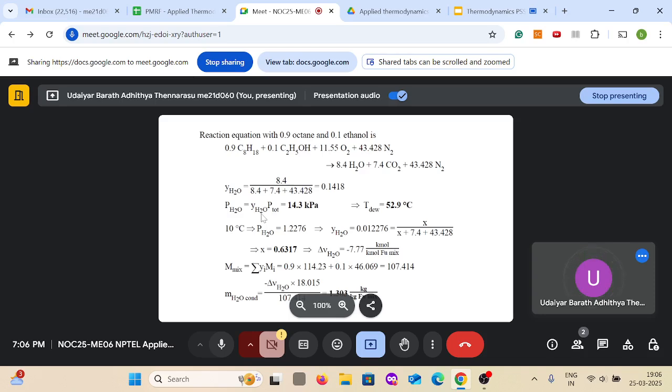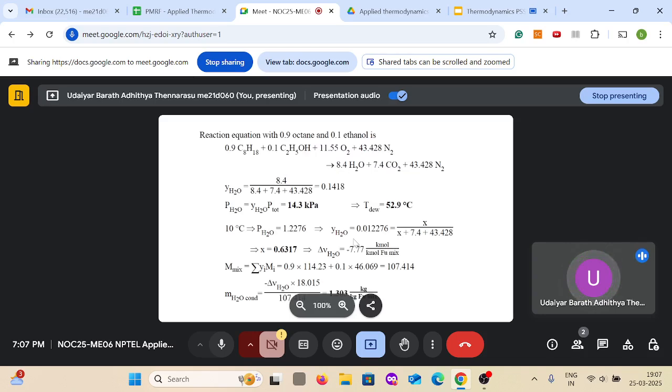So we are finding out the mole fraction using the vapor pressure. At 10 degrees Celsius, your pressure is 1.2276, and dividing by total pressure will give you the mole fraction. Since it is at a pressure of 100 kilopascal, divide by 100 gives you 0.012276.